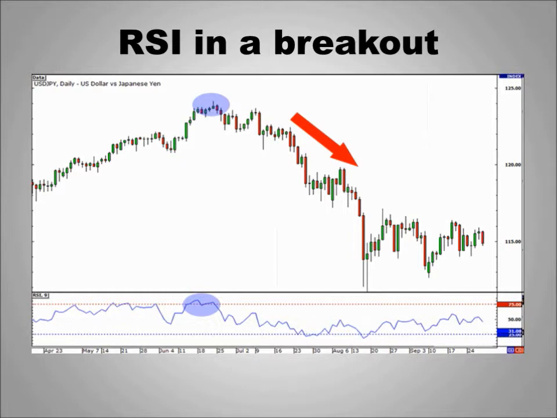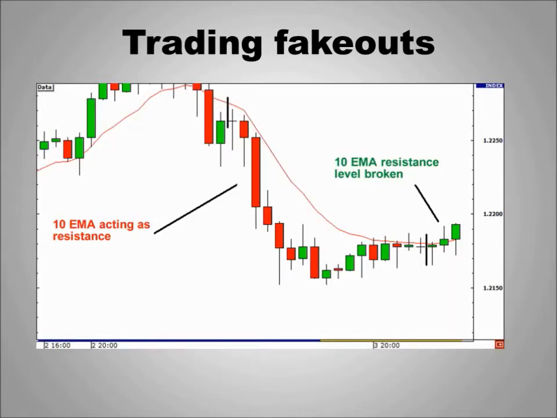So now how do we trade fake outs? Remember, fake outs generally kill the investments made by amateur investors. So we want to know how to prepare ourselves just in case we don't have a real breakout, but instead a fake out. If you notice, here we have a bearish trend, and the market has been ranging for some time.